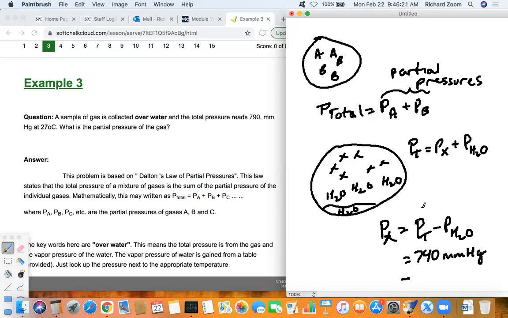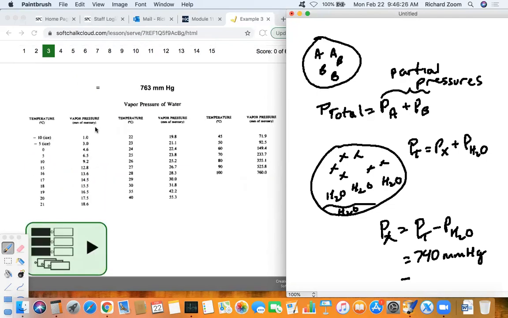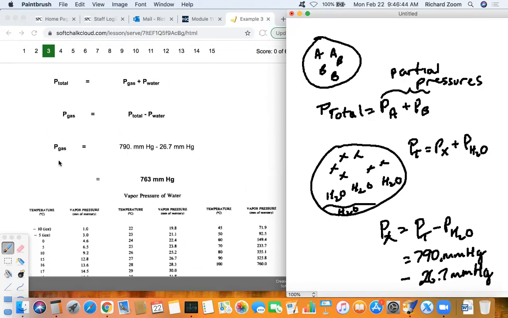The pressure of water we get off the table, and we're told the temperature is 27 degrees. At 27 degrees, it's 26.7 millimeters of mercury. And that means the pressure of the gas comes out to be 763 millimeters of mercury. You'll notice that for sig figs, it's going to be 0 decimal places.